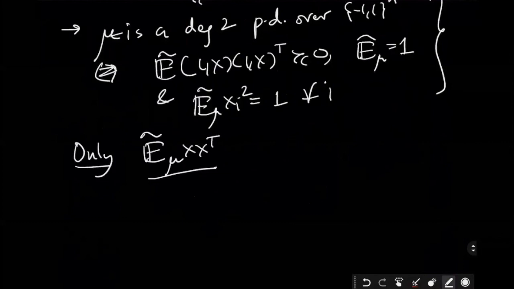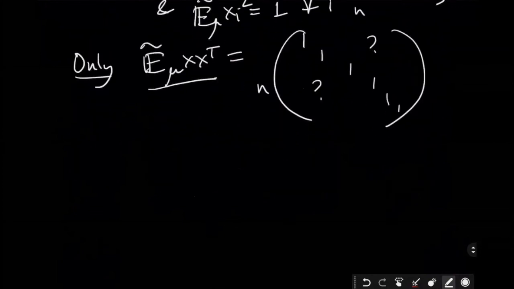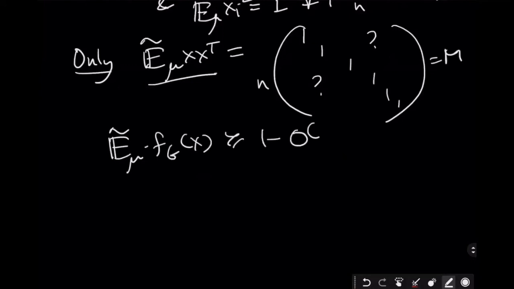So in some sense, the goal is to construct this guy. This is an n by n matrix with ones on the diagonal. We don't know what we should place on the off diagonal, but our hope is that if this is some matrix M, then fGx is 1 minus O of 1 over n square. Okay. So how are we going to do this?